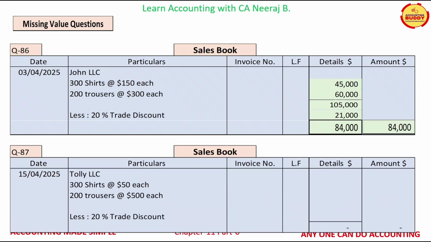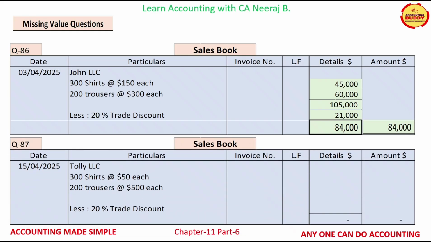Question number 87 is on your screens. Business sold 300 shirts at $50 each and also sold 200 trousers at $500 each on credit to Tully LLC. The sales value of 300 shirts, $15,000, will be written in the details column, and the sales value of 200 trousers will also be written, $100,000, under the details column.